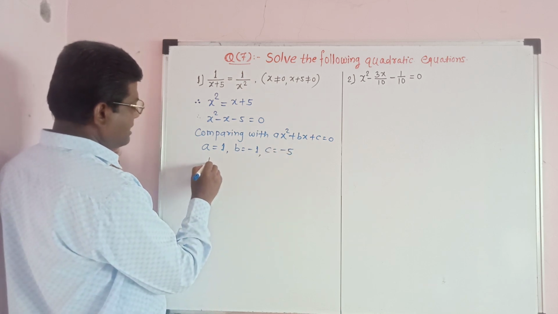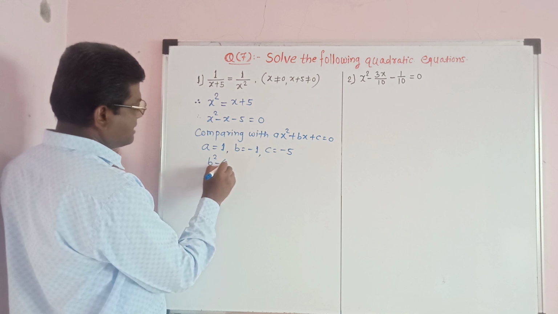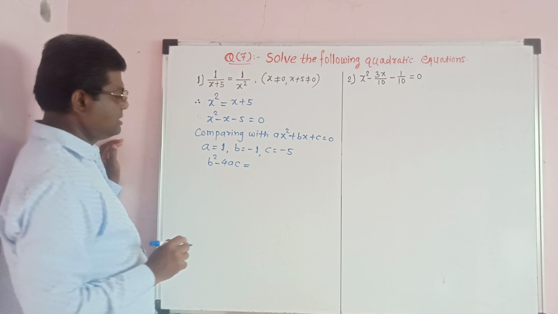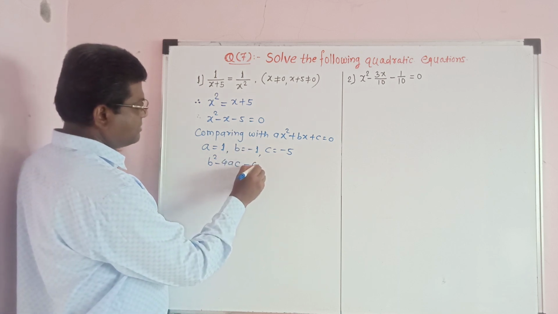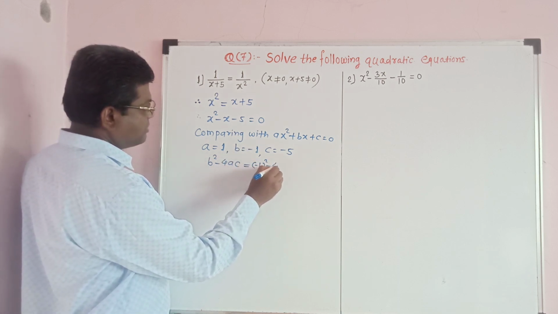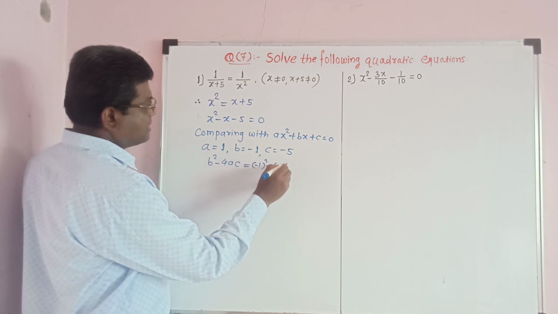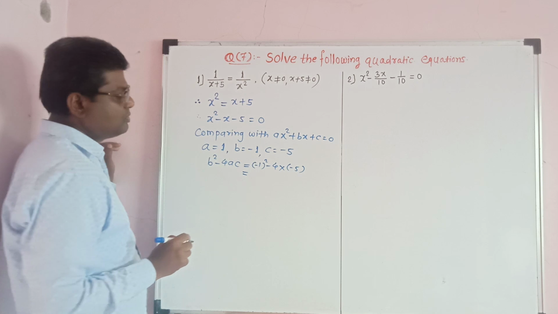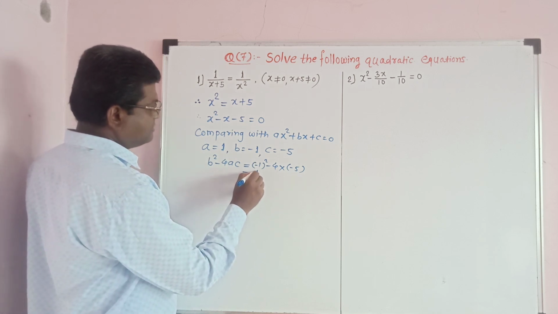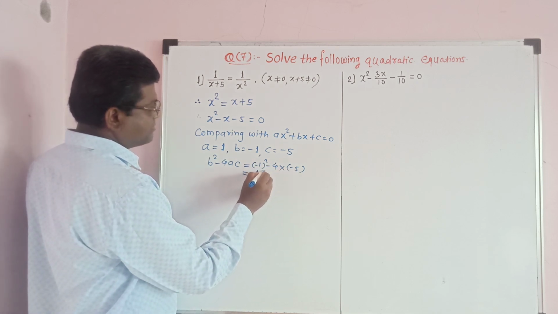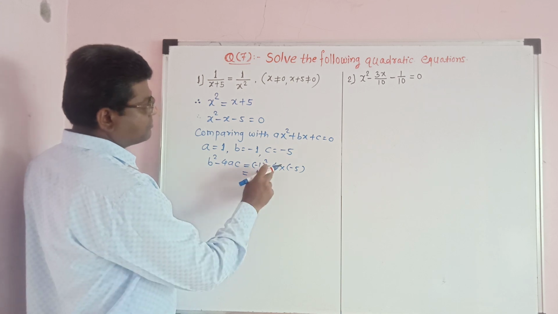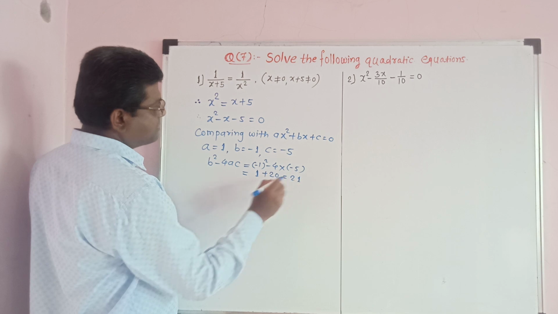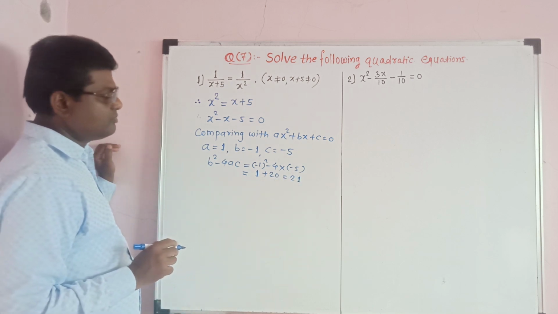Let us find the value of discriminant, that is b square minus 4ac. So b is minus 1. Minus 1 square minus 4 into a is 1 and c is minus 5, is equal to minus 1 square is 1. This minus and this minus will be plus. 4 into 5 is 20. So value of b square minus 4ac is 21.